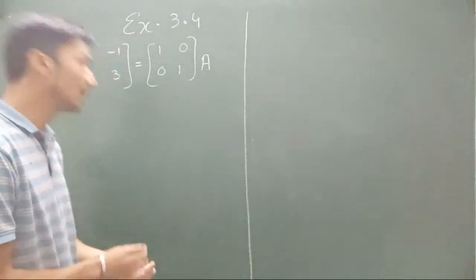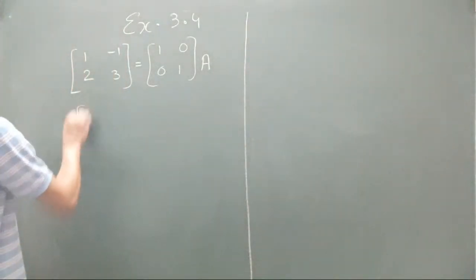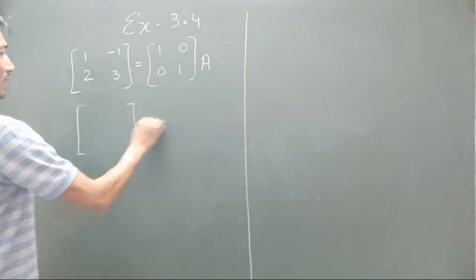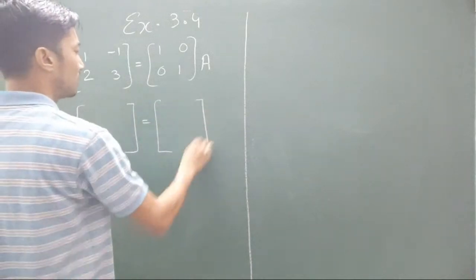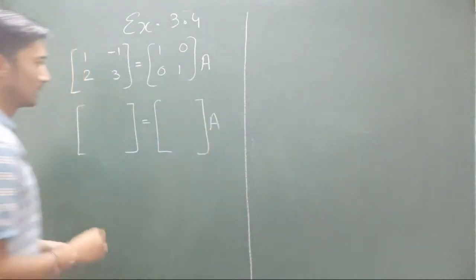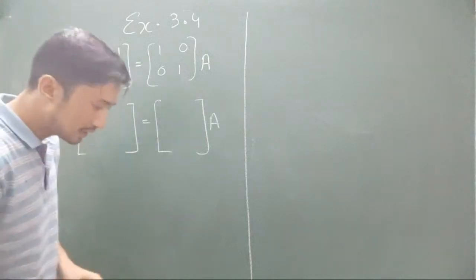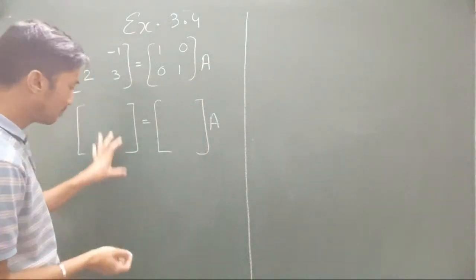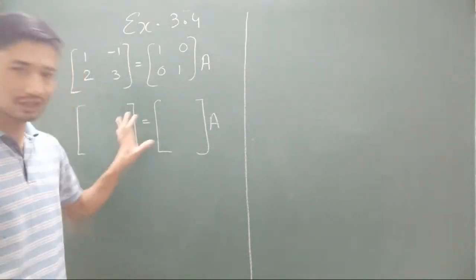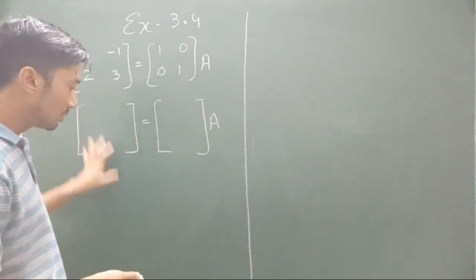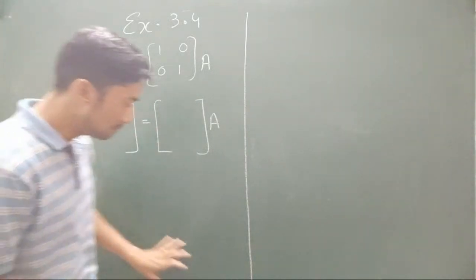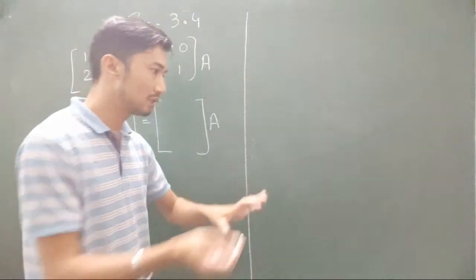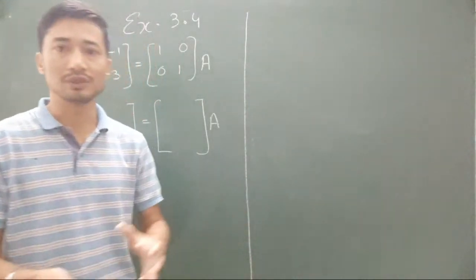So now we shall apply different kinds of operations. This is just a 2 by 2, so it's going to be simple. Most of the time what happens is that midway we lose our way because there is a lot of confusion.